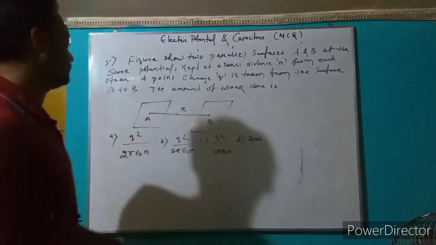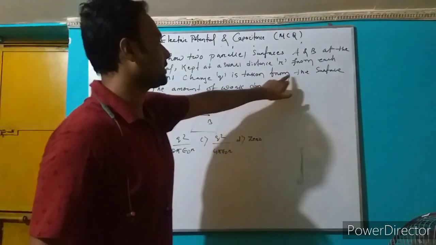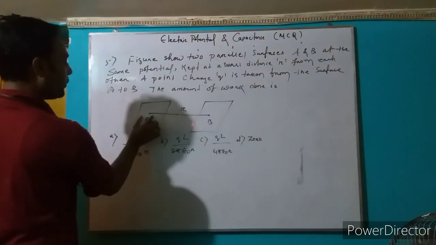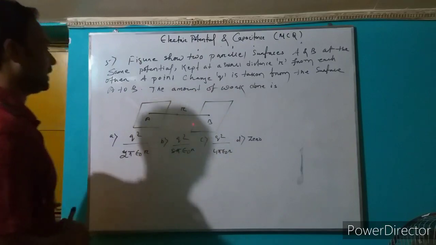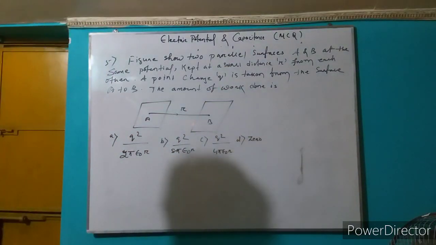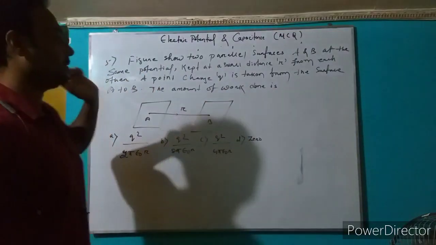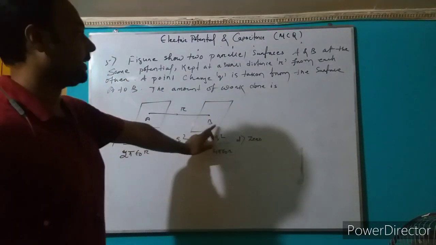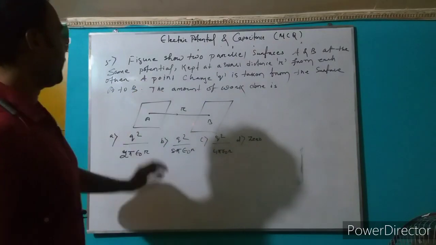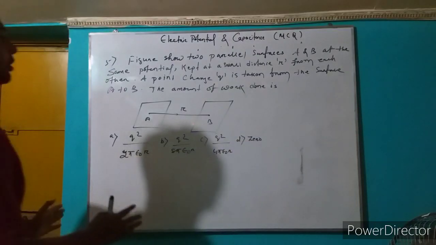A point charge Q is taken from the surface A to B. Then how much work is done?